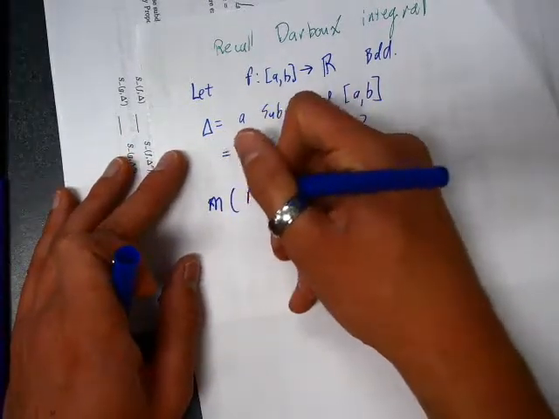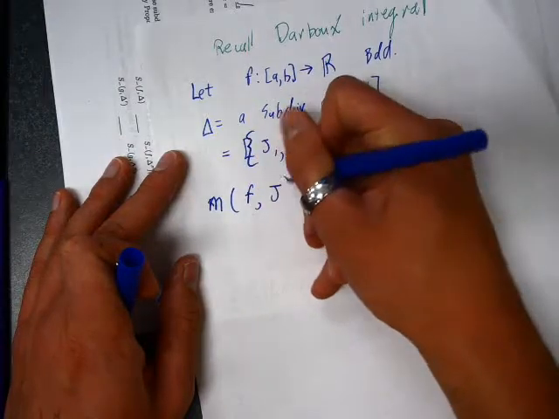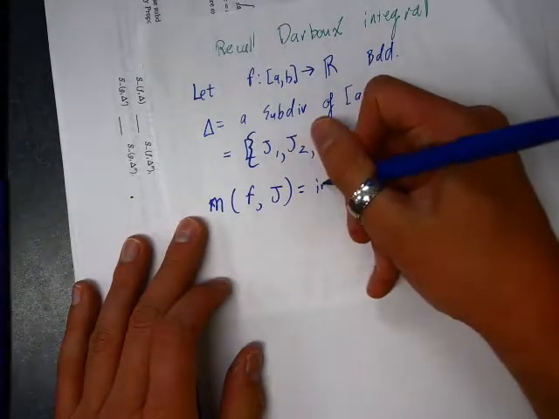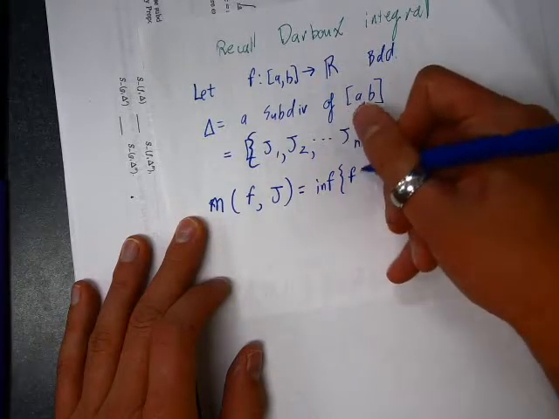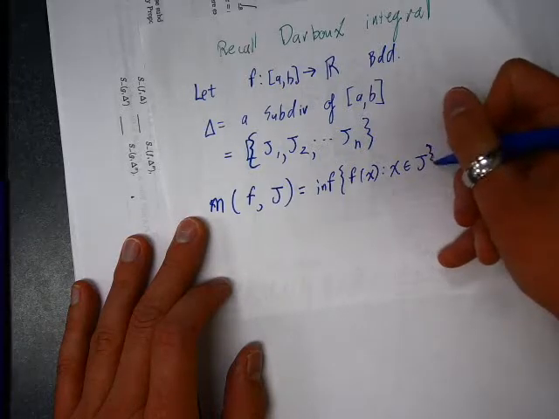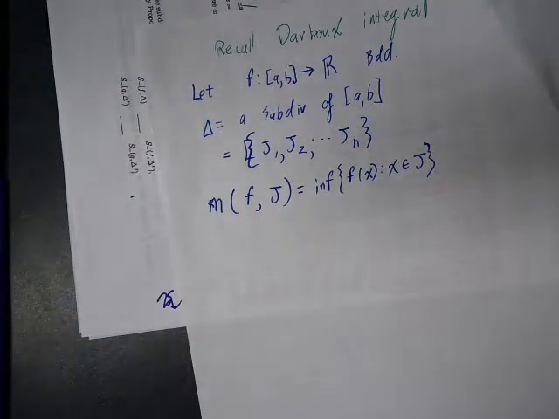So let's see, what was little m of f comma j? What did we establish that as being? What did we set that equal to? Possibly by looking back on page 1 of the note packet. The infimum of the set of elements f of x where x is in j. Good. And I just said what we managed to pull off last time is we proved something about s minuses.